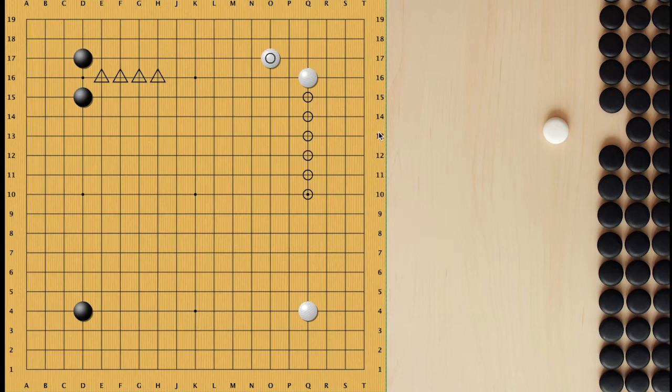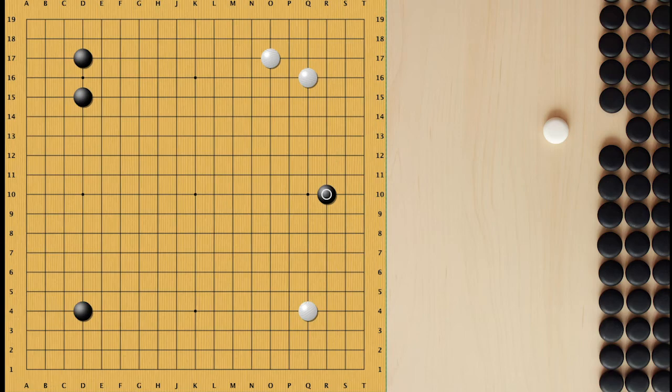If black wants to play on the right side, a calm, single splitting move where he could make a base either to the upper side or he could make a base here on the upper side if pushed in that direction, or of course in that direction.